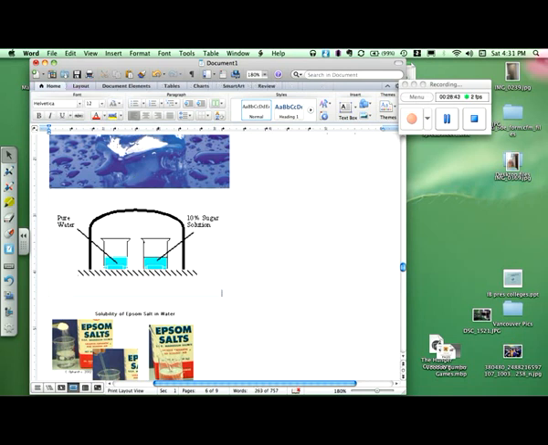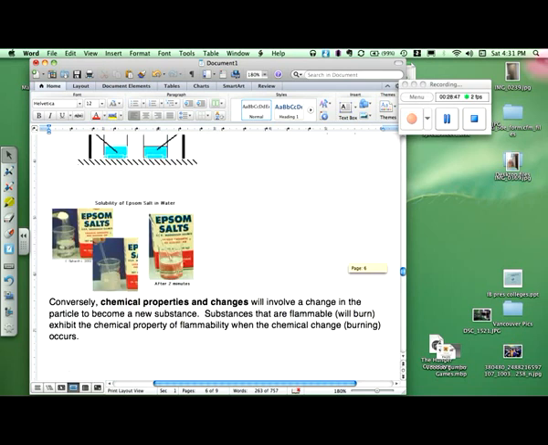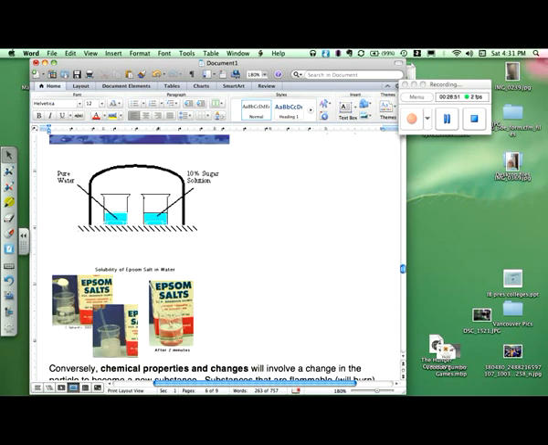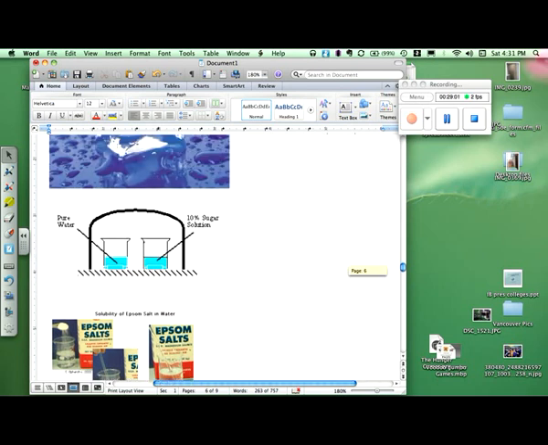One is a pure substance, one is a mixture. So making mixtures like the sugar solution is a physical change. There may be energy changes associated with that mixing, but it is still a physical change.